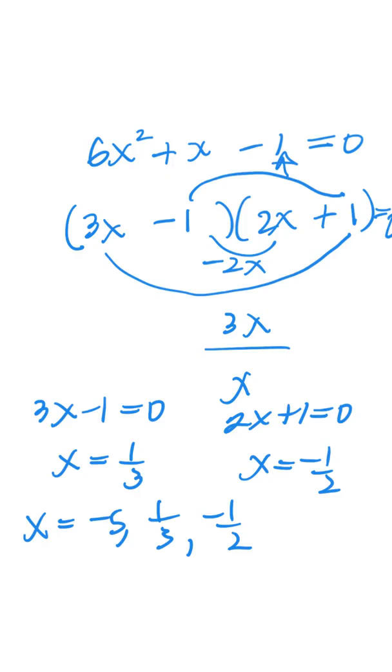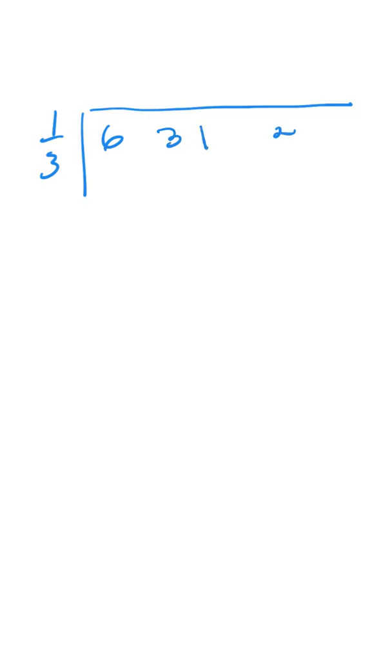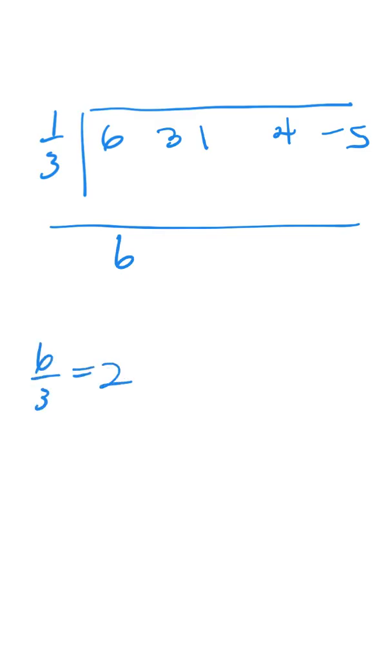Had we done our synthetic division with positive 1/3, not negative 1/3, it would have worked. Right? So if we did 1/3, and then the coefficients I think were 6. So if we brought down the 6, 1/3 times 6, 6 over 3 is 2.